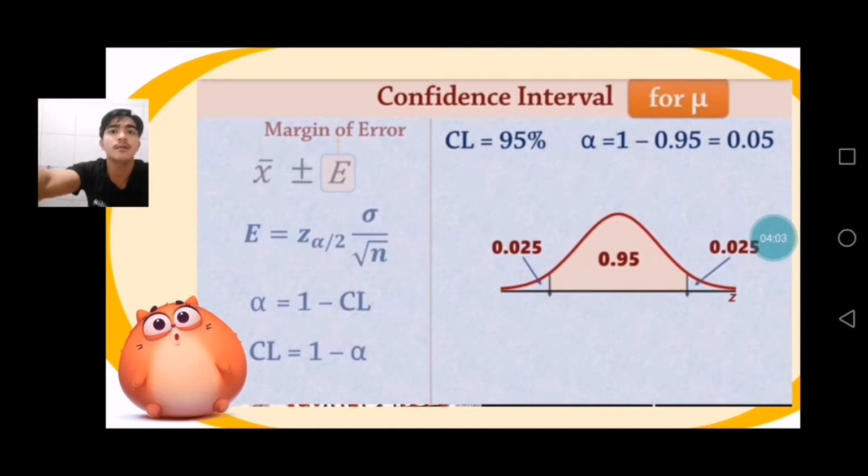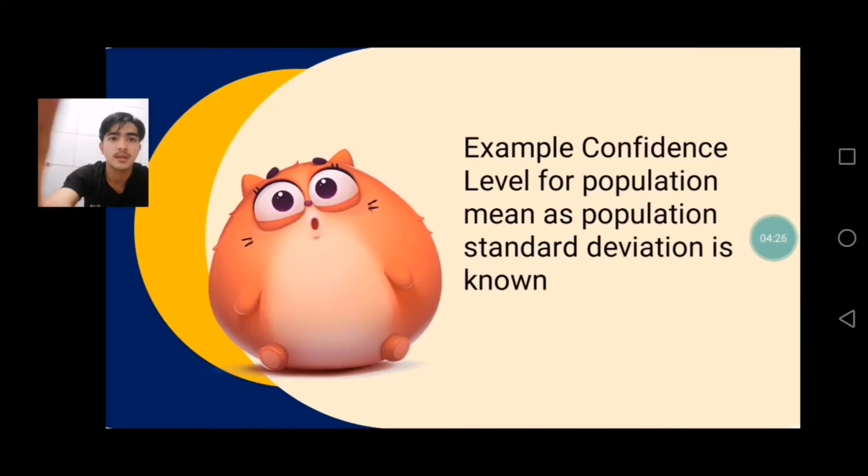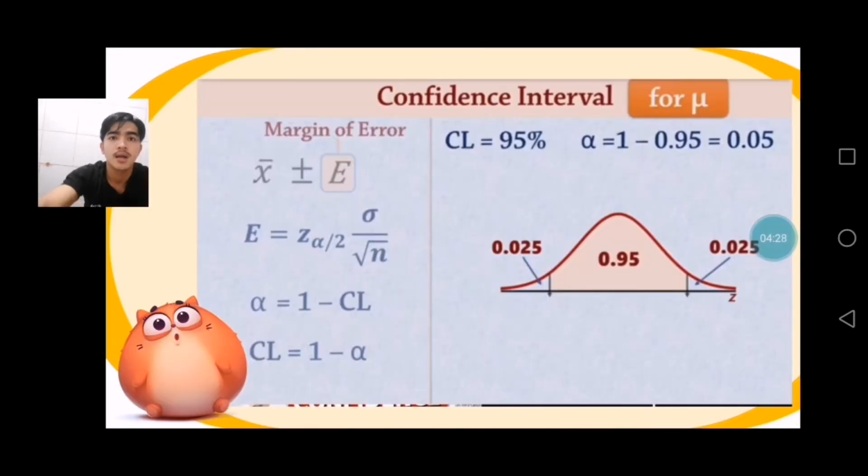So if we have a confidence level of 95%, then alpha is equal to 1 minus 0.95, which is 0.05. So there you have Z alpha over 2, a single value called the critical value, which can be found in the normal table.